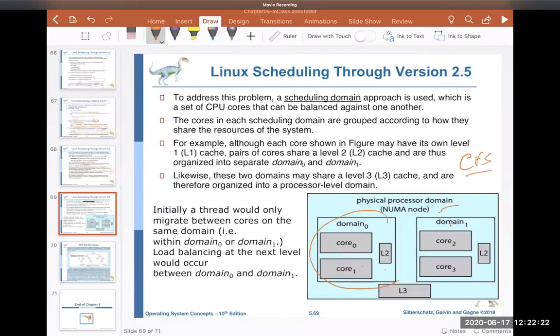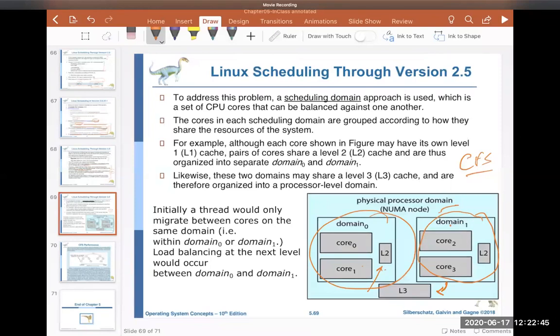Each domain has different cores which work on different levels of memory. Like here, they share L2 cache memory, and then domain 1 and domain 0 share level 3 cache. Based on this, the scheduling happens.